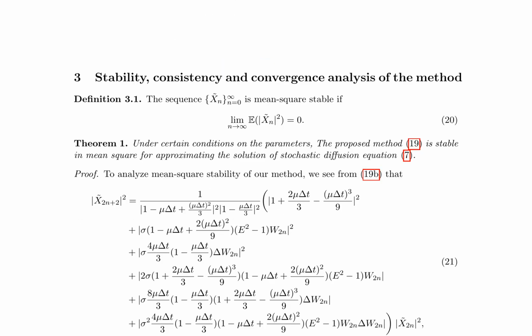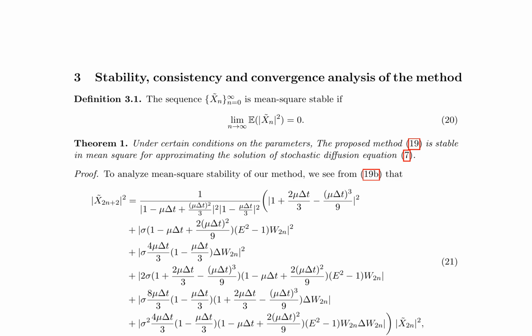The authors conduct a stability, consistency, and convergence analysis of their proposed method for approximating solutions to stochastic diffusion equations. They define mean square stability as a sequence {x_n}, n = 0 to infinity, that satisfies the limit as n goes to infinity of E|x_n|^2 equals 0. A theorem is presented, stating that under certain conditions on the parameters, the proposed method is stable in mean square.